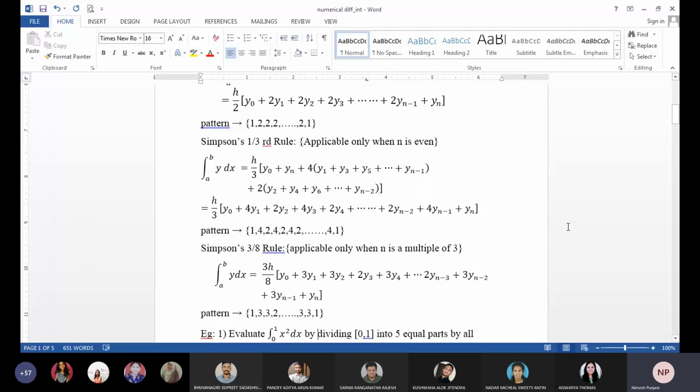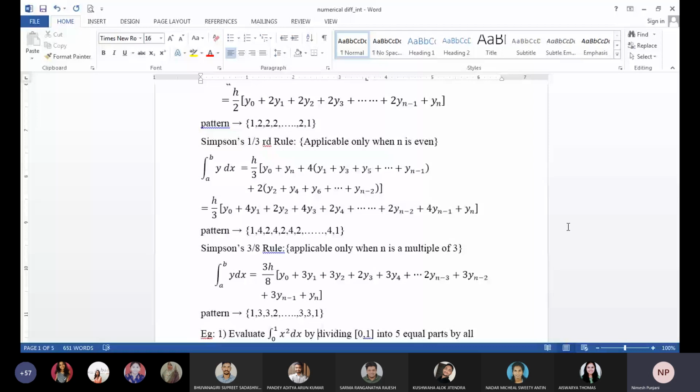Okay. So Simpson's 3/8 is applicable when n is a multiple of 3, where n means the number of parts in which the interval is divided. So what is the formula of Simpson's 3/8?